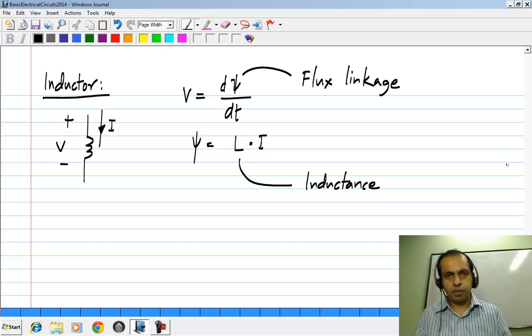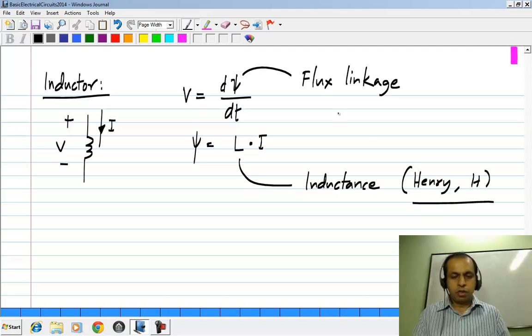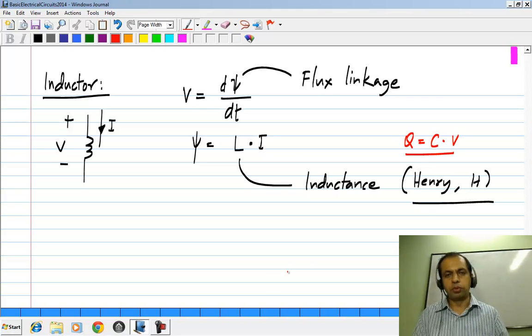The inductance is measured in henries, or H. Now you can see that this relationship is analogous to charge being proportional to voltage.